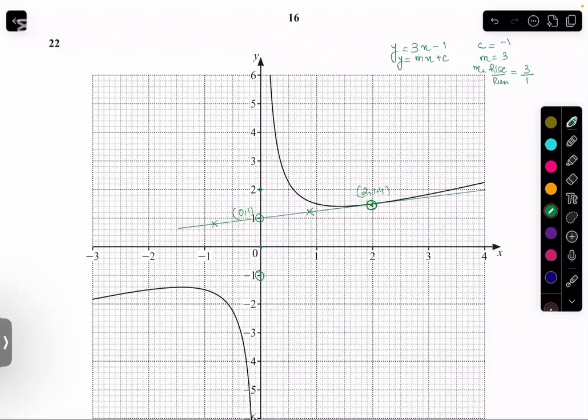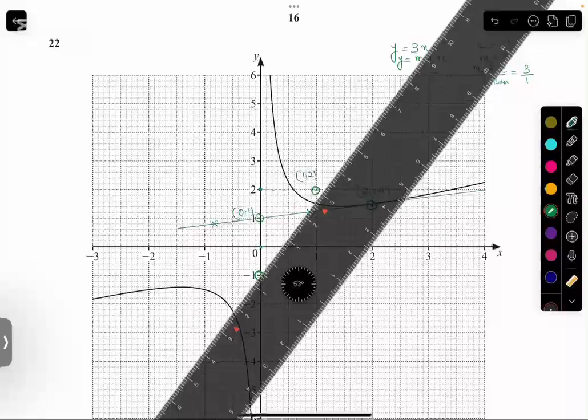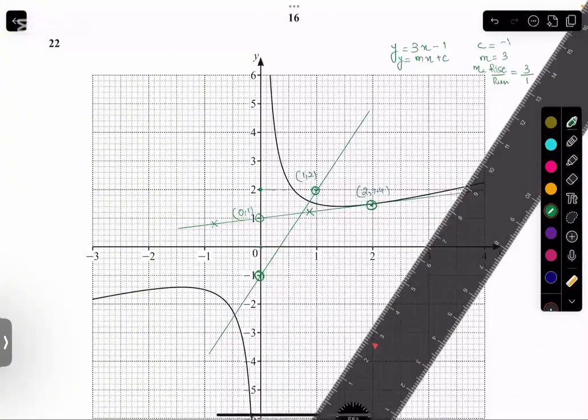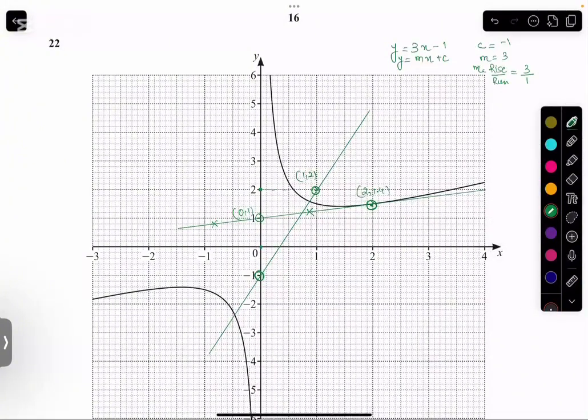I have moved 3 units upward, and then 1 unit I need to go in the horizontal direction. So from there, the line goes this way, and this line will be representing y is equal to 3x minus 1.